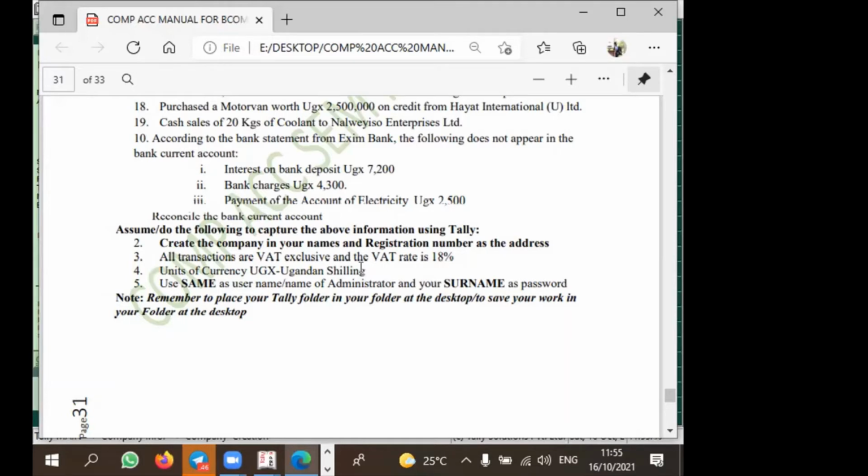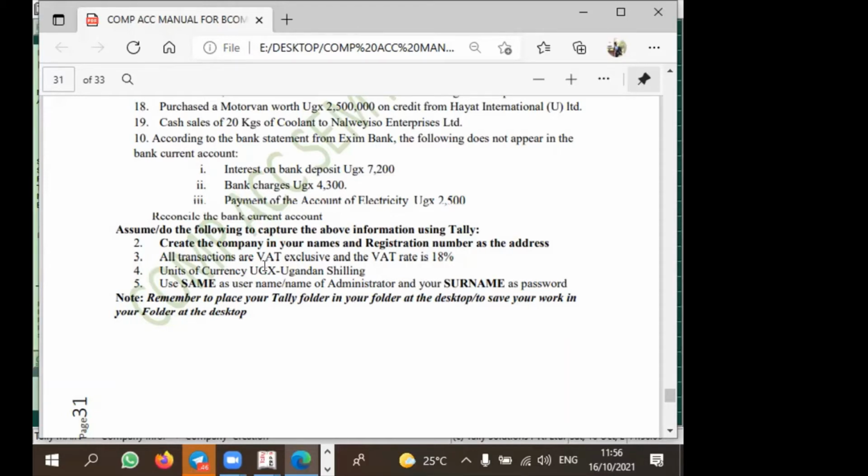Your names and the registration number as the address, isn't it? Then all transactions are VAT exclusive and VAT is 18%. Unit of currency is Ugandan shilling. Use the same as username of administrator and your surname as the password.